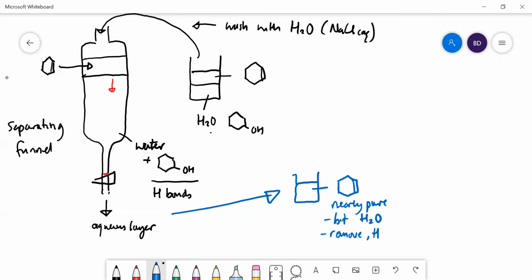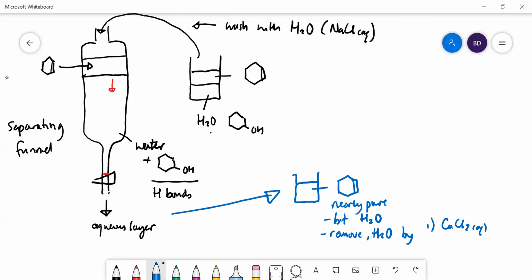You remove the H2O by adding, number one, calcium chloride solution. So you wash with calcium chloride solution, just like you washed with the water before. Sorry about that, sneezing.